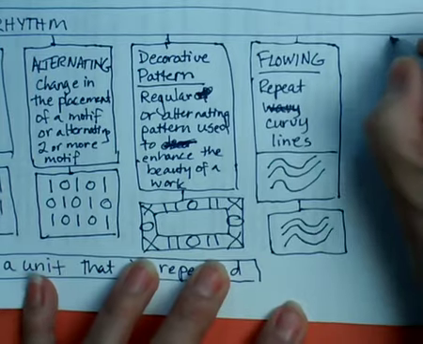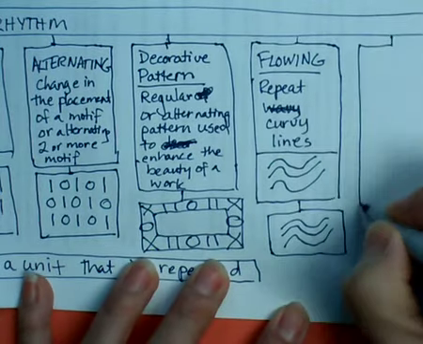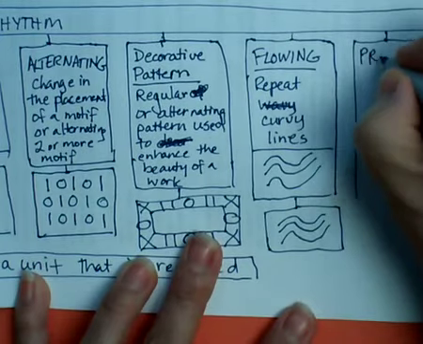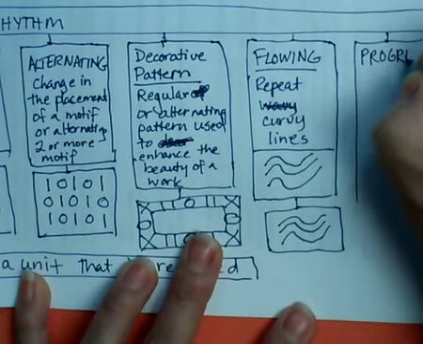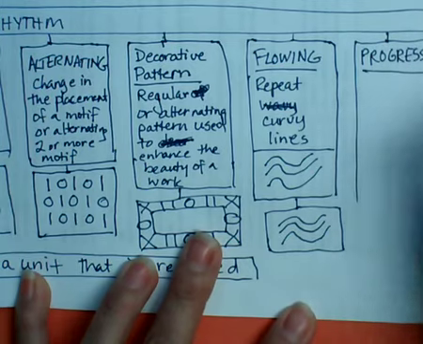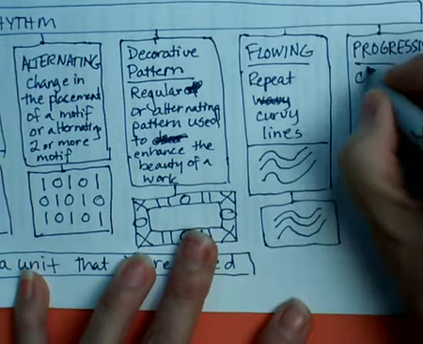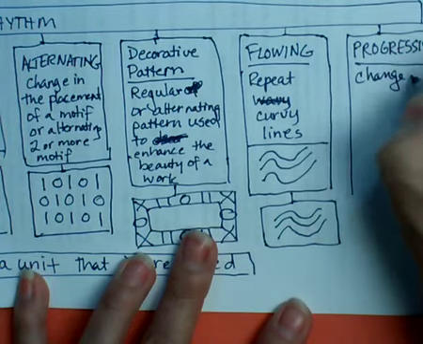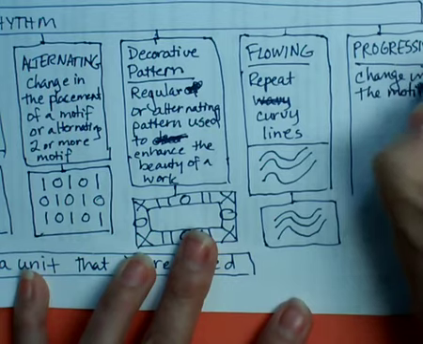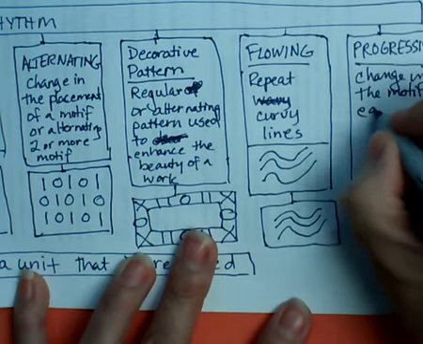And then the last one we're going to talk about is progressive. Progressive is a change in the motif each time the motif is repeated.